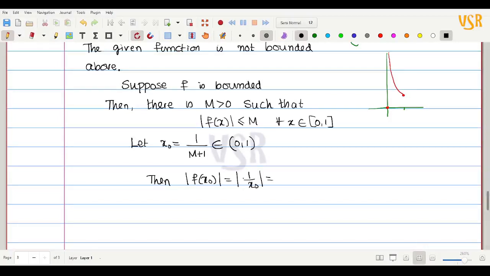This is equal to M plus 1, the reciprocal of x naught. And if f is bounded, this is less than or equal to M. So M plus 1 is less than or equal to M, which is a contradiction.